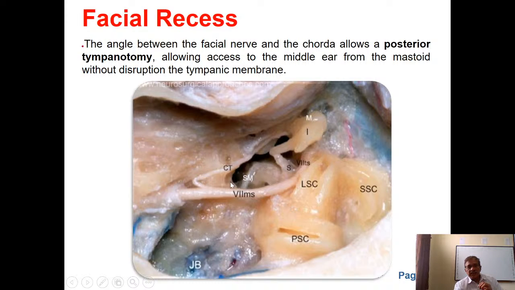The space in between is called the facial recess. So the cochlear implant comes like that, and then some people do a small opening here, called the cochleostomy, through which the electrodes of the cochlear implant are introduced into the scala tympani.